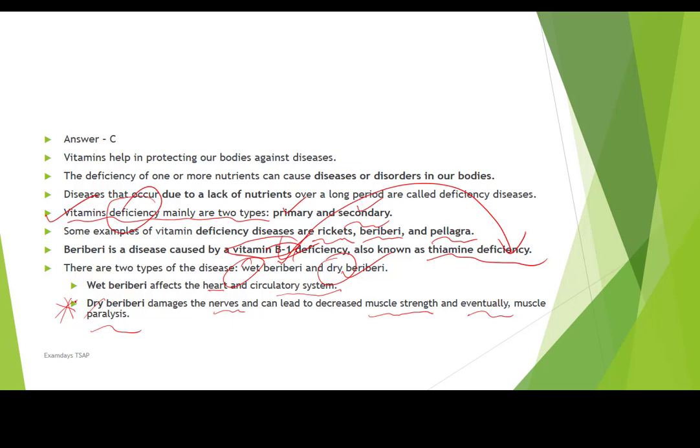If the nervous system fails, the muscles stop building strength and it eventually goes to paralysis, where the person is completely unable to move, lifelong paralysis. Wet beriberi attacks only the heart and the circulatory systems.